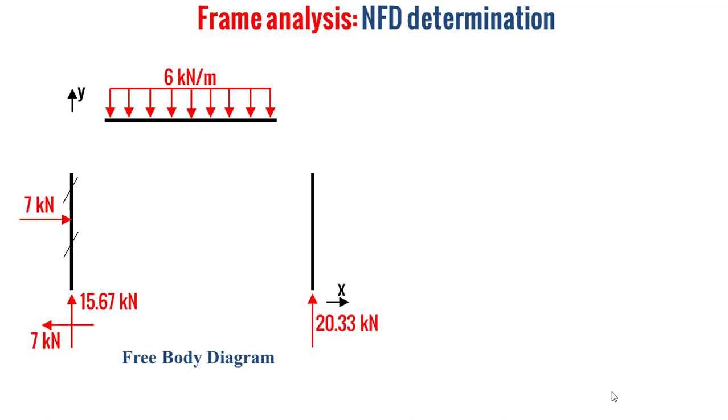Now I'll explain how to determine the normal force diagram based on the free body diagram. This free body diagram explodes the frame into columns and beam, and it shows the external forces applied on the columns and the beam. Notice that the left-hand column is subjected to a normal force applied at the bottom of the column with a magnitude equal to 15.67 kilonewton.